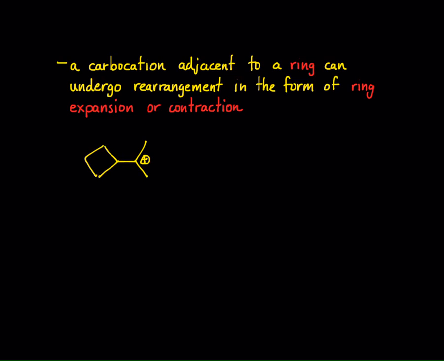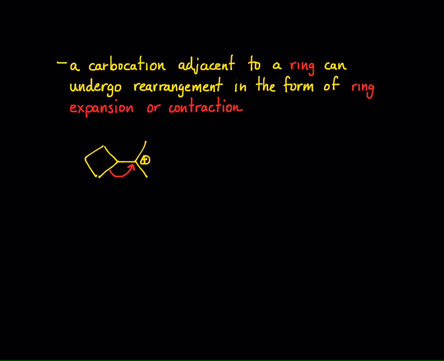Now, this is a tertiary carbocation. We would expect that tertiary carbocation to be in some type of potential energy minimum in terms of carbocation stability, intermediate stability, right? And yet what we see is that we get an alkyl shift.